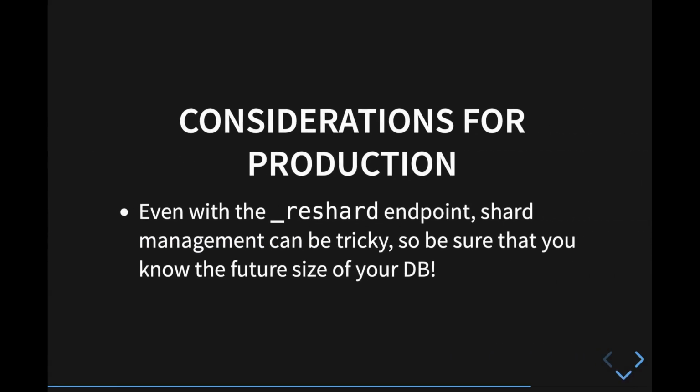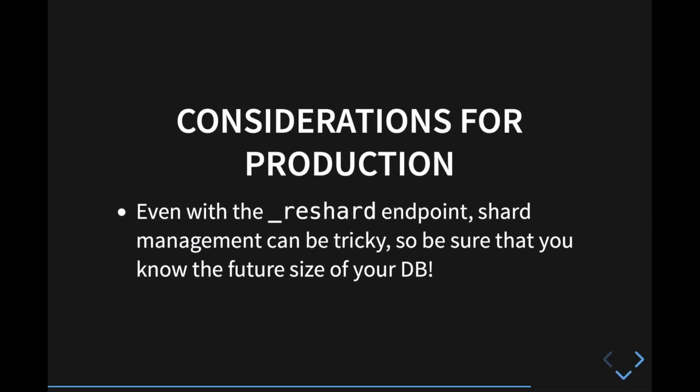With all that said, here's some stuff I've learned that you should consider in production. While the reshard endpoint makes it kind of easy to increase Q size, shard management can be a bit tricky and sometimes finicky. You should ideally, at the very start, know how big your database will get in the future, and decide on your initial Q value.